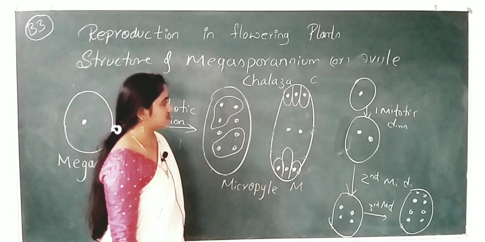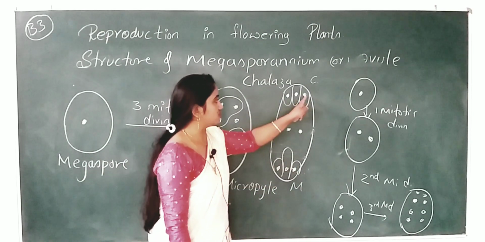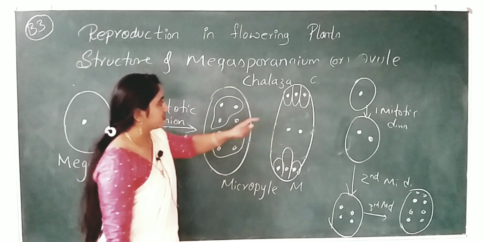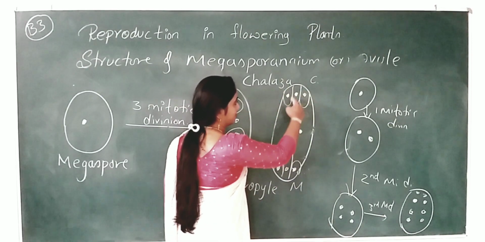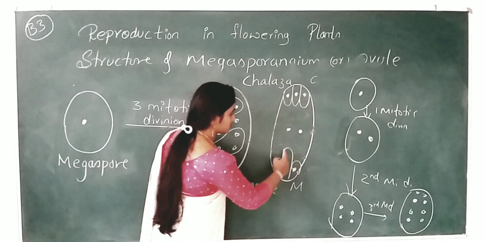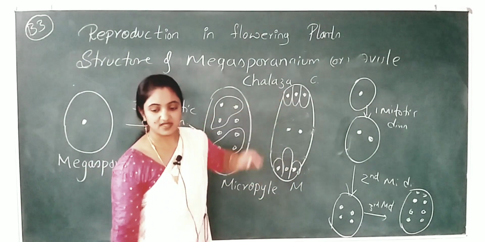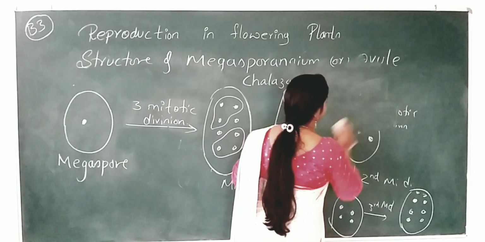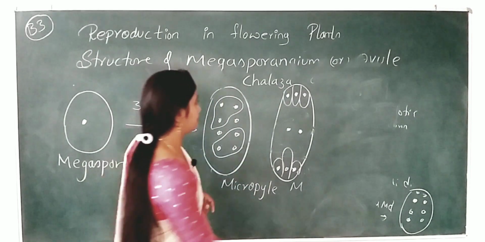This is how the cytokinesis occurs only to these nuclei, not to these. Okay. So, now with the cell wall, here we are having one cell, one more, and here also one complete cell. So, now I will label this structure, the cells which are present near the chalazal end.